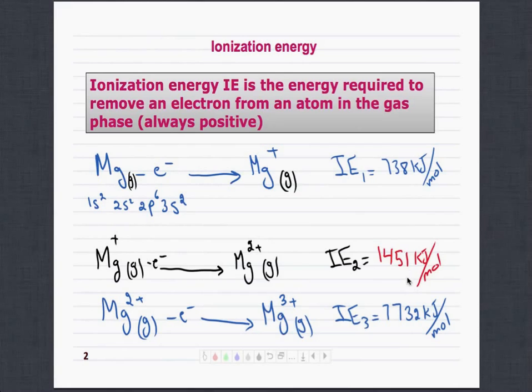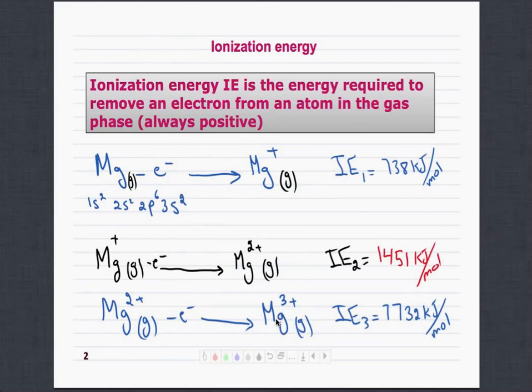Now, definitely when you take the other electron, the second electron, there is more attraction, especially if that electron is closer to the nucleus. That implies you need much more energy to get that electron. And definitely the third ionization energy is at least 7 times more than the second ionization energy. And it is taking Mg2 plus to Mg3 plus, both in the gas phase.